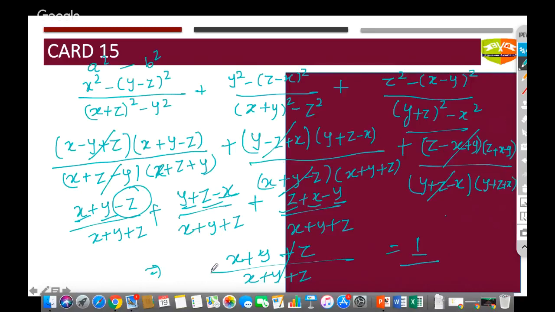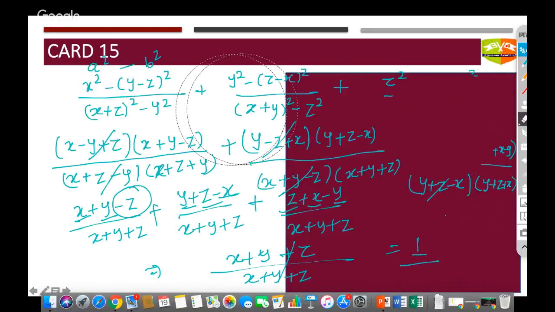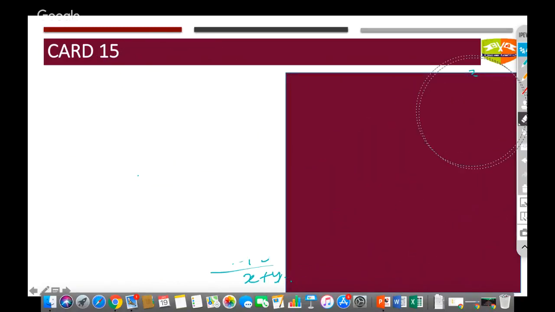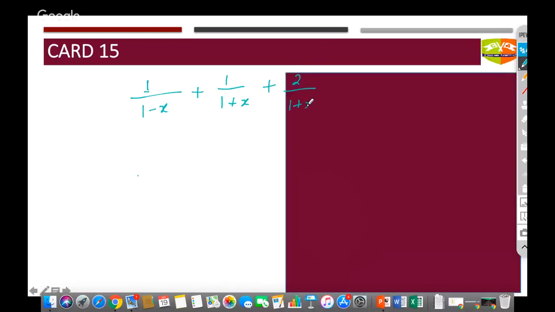Now I have another question for solving, and this question is nothing but 1/(1 − x) + 1/(1 + x) + 2/(1 + x²) + 4/(1 + x⁴).